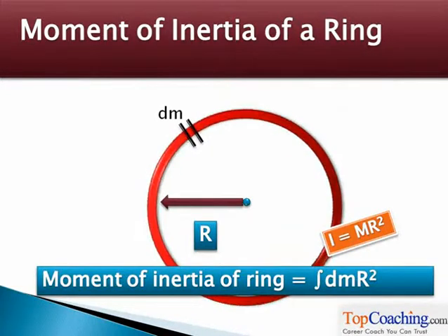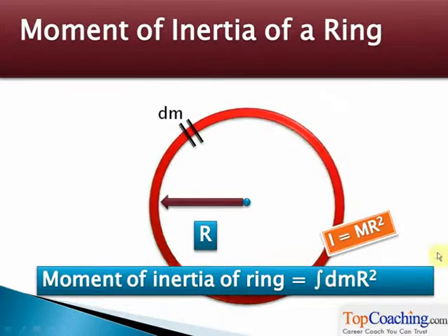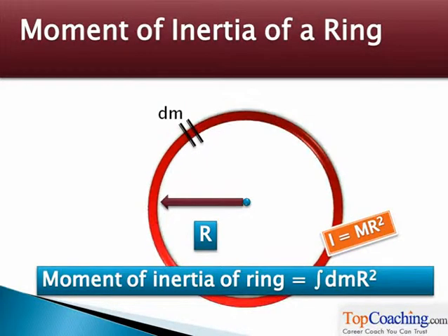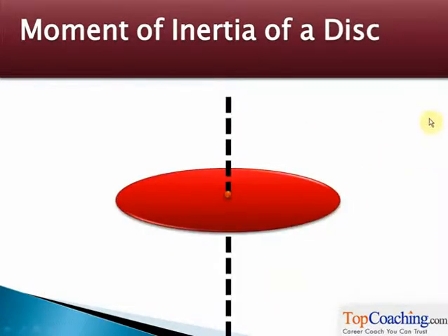After all, if you add up the mass of all these elements, you get M, the total mass of the ring. Therefore, the moment of inertia of the ring comes out to be I equal to mr square. You must remember that the moment of inertia of a ring about an axis that is perpendicular to the plane of the ring and that passes through the center of mass of the ring is I equal to mr square. What about a disk?